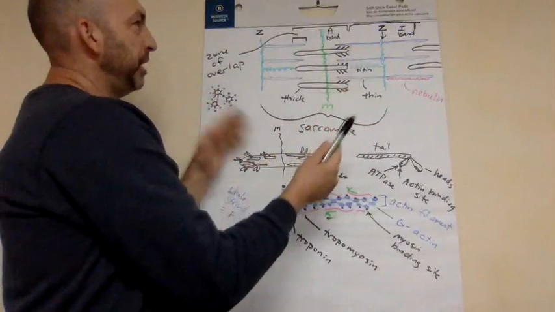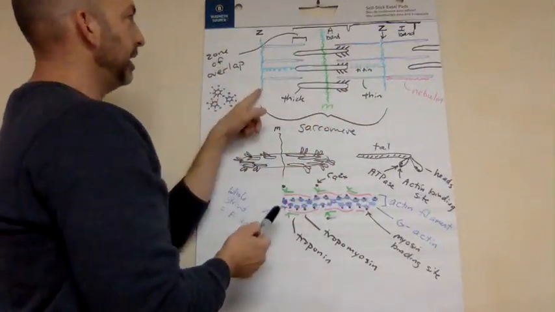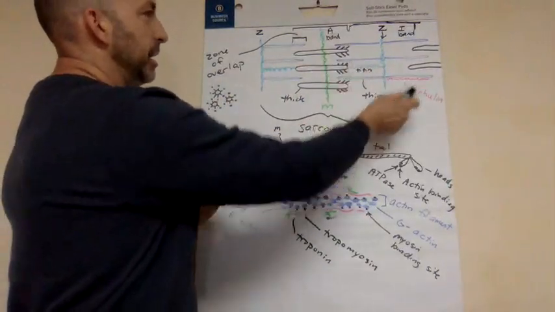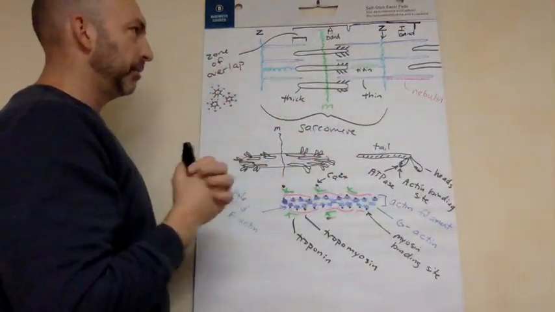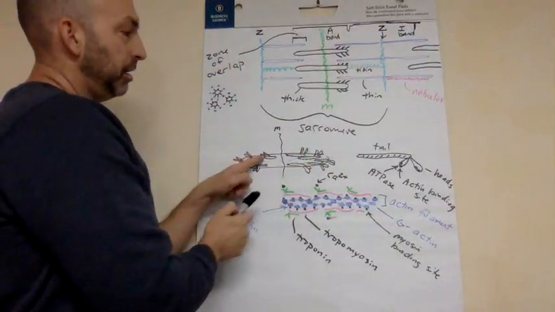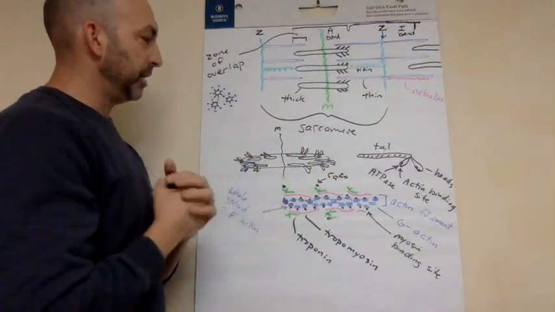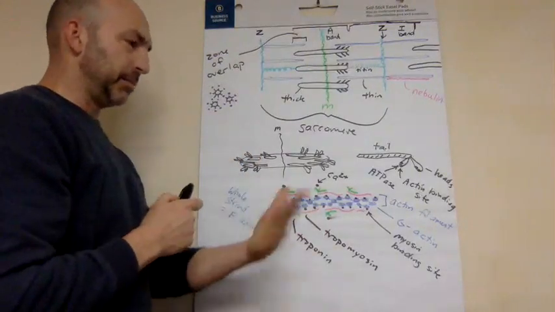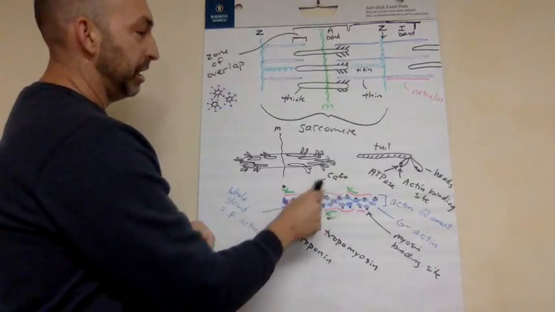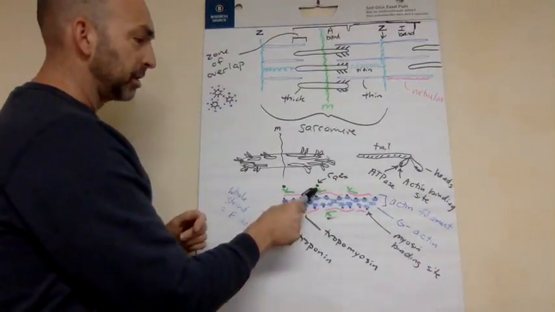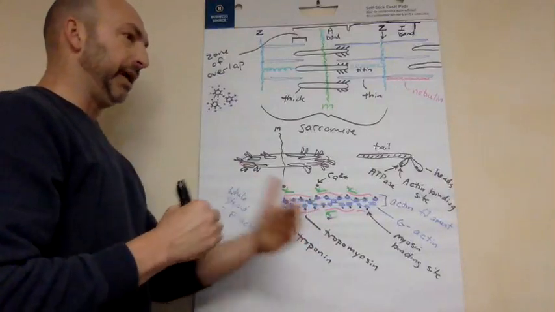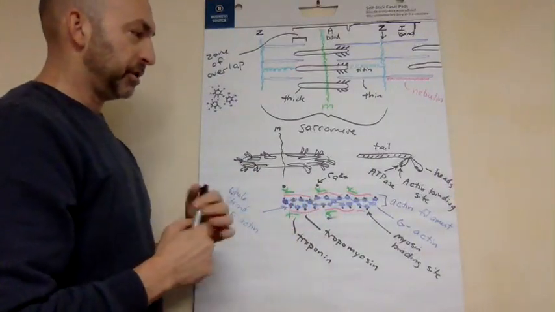Okay, so we've got our sarcomere structures, right? The accessory proteins that hold things in place, like the Z-line proteins and the M-line proteins, and titin and nebulin that are helping align the thick and thin filaments. And then we looked at the thick versus the thin filaments and their basic structures, and then hinted at some of the components in the excitation-contraction coupling by talking about how calcium regulates the troponin-tropomyosin complex to remove the inhibition of cross-bridge formation, right?